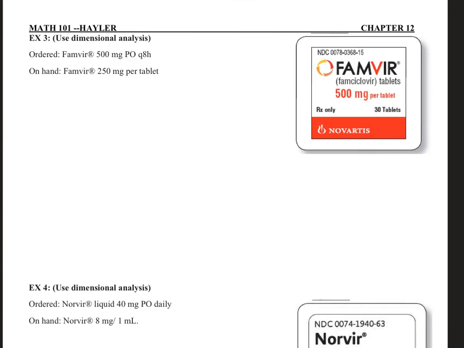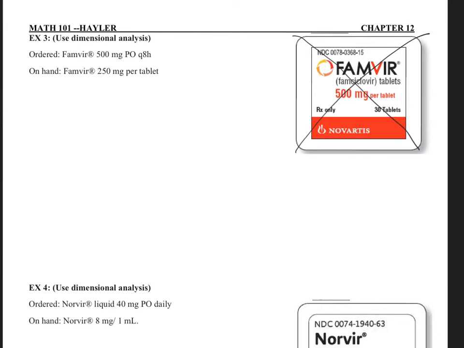Real quick before we continue with that, please note that this is not the correct chart for our problem. We are given what we have on hand over here, which is a little different than that chart. So we've ordered 500 milligrams, and then we have on hand 250 milligrams. First things first, we always check to see if what we have on hand is in the same unit.